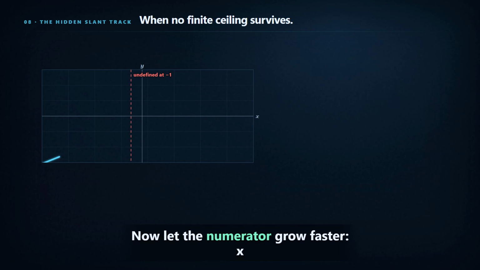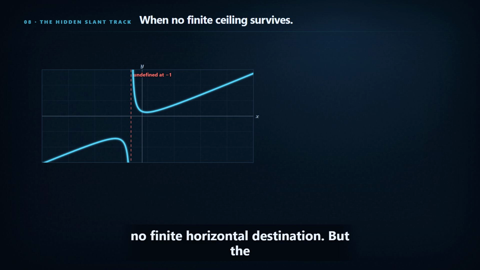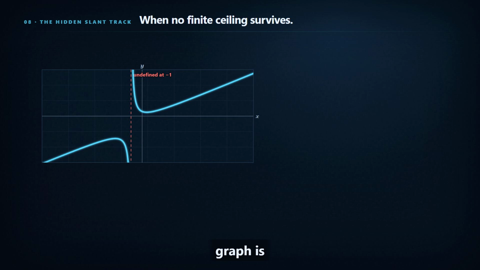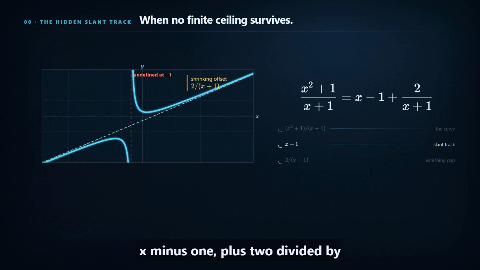Now let the numerator grow faster. (x squared plus 1) divided by (x plus 1). There is no finite horizontal destination. But the graph is not shapeless. Polynomial division separates it into x minus 1 plus 2 divided by x plus 1.